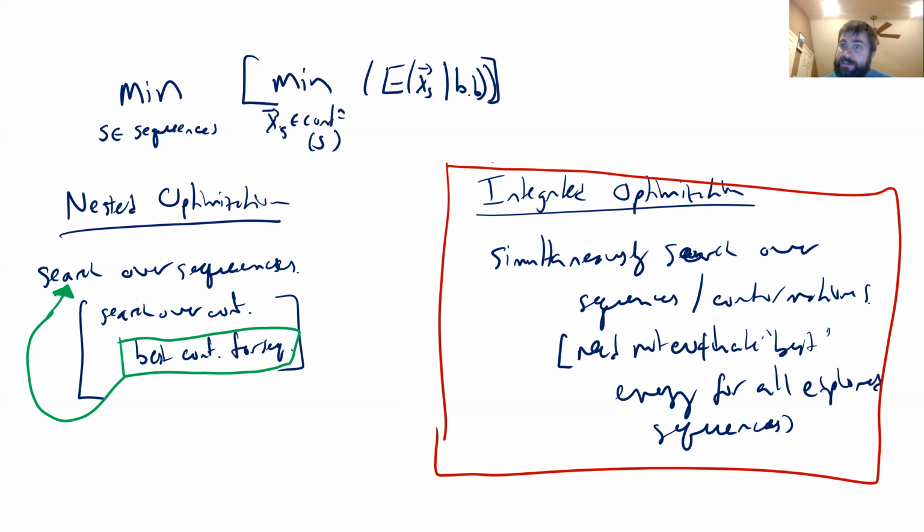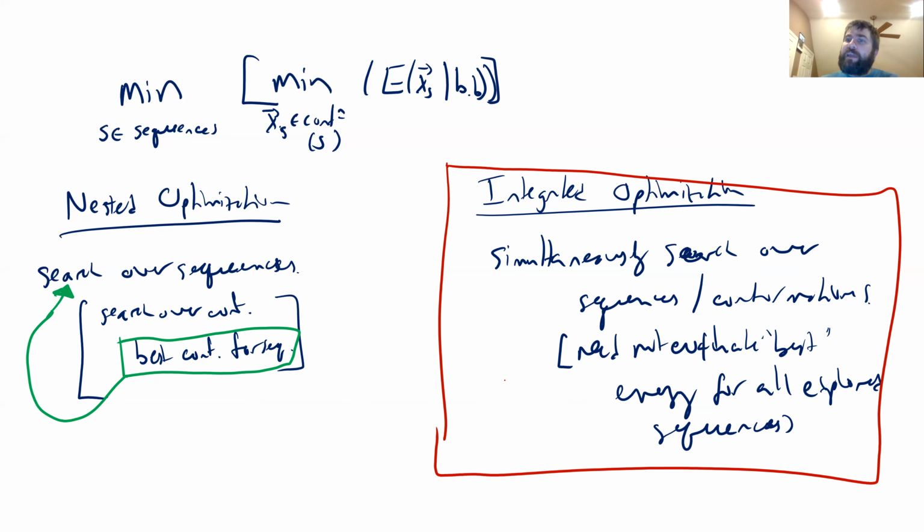Now, some methods have a little bit of a flavor of this nested optimization, that they're not completely integrated, that there's not a complete melding of the two ideas, and there's a little bit of a nested structure to them. Other methods really are truly integrated, that we really don't make a distinction between sequence and conformation within the algorithm, but we'll get to that as we move forward.